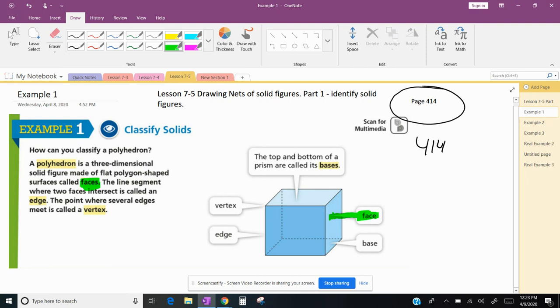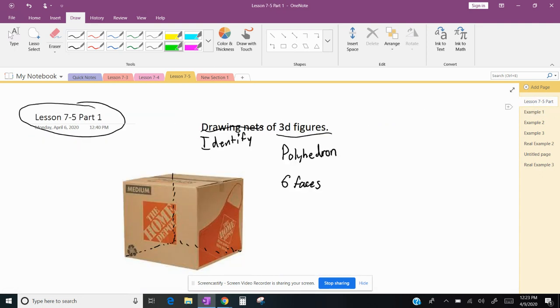Now, some of those faces are called bases. And here it says the top and bottom of a prism are called its bases. So prisms, this is an example of a prism. Prisms have 2 bases, a top and a bottom.